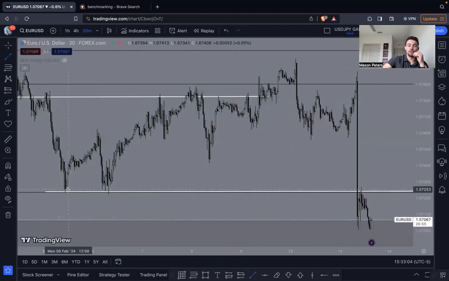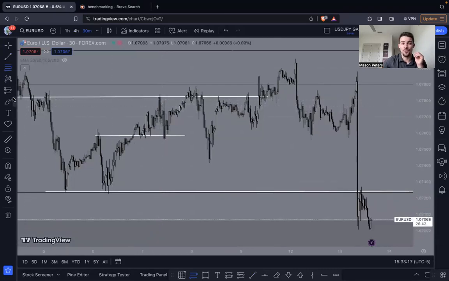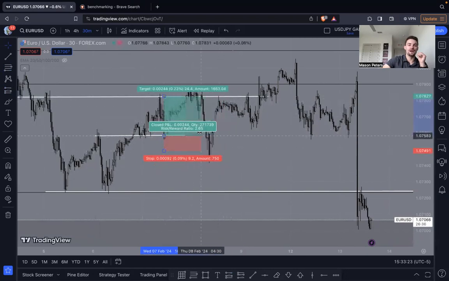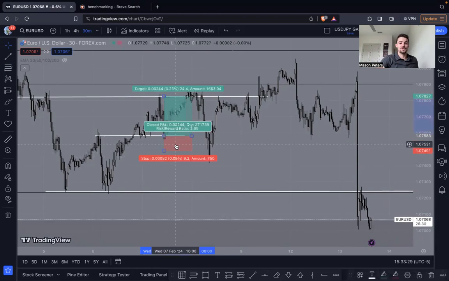We have a support and then we have a what? Resistance. So this now becomes a resistance. Price trades above that resistance, which now makes it a what? A support. You take a buy position for a very small gain and a very small risk. So remember, you're trading within that range.